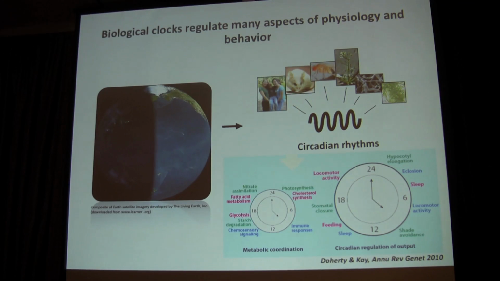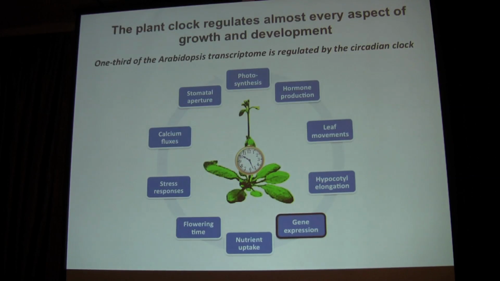And in plants, as Sam sort of introduced, the clock regulates, at least in Arabidopsis, almost every aspect of plant growth and development. So we can see that there are many biological functions related to photosynthesis, hormone production, leaf movement, flowering, nutrient uptake, sensitivity to hormones, and so on, that actually occur or are more important at specific times of the day.